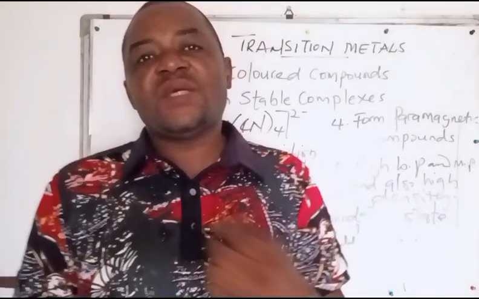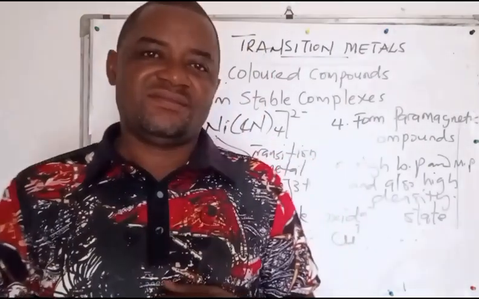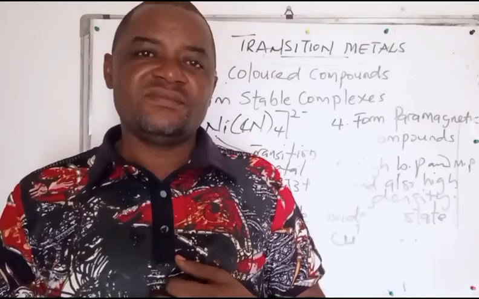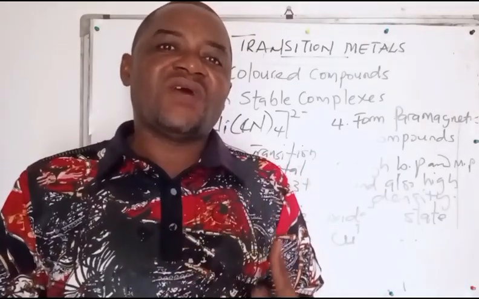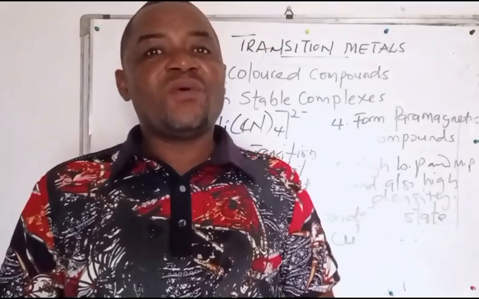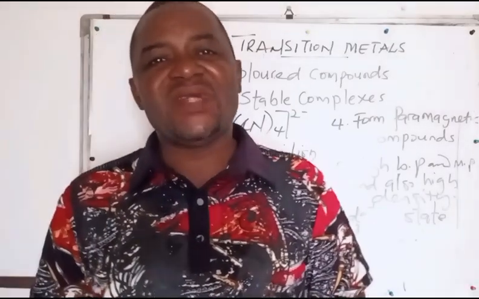Because of that, they form stable cations. They form colored compounds because of their d-d transition. They also have variable oxidation states. They form compounds that are paramagnetic, and they form stable complexes.